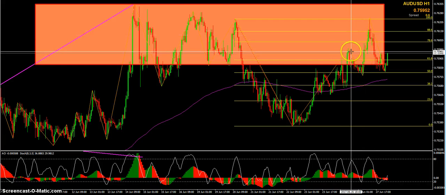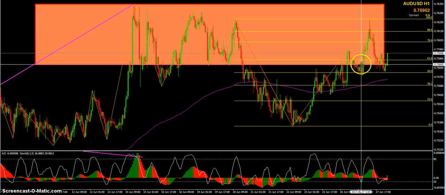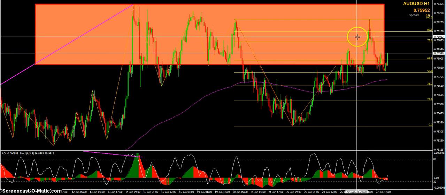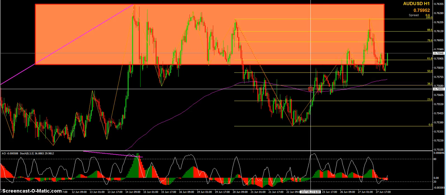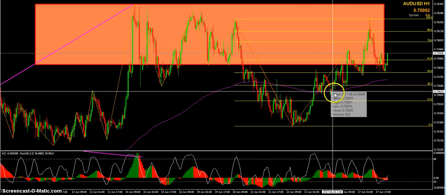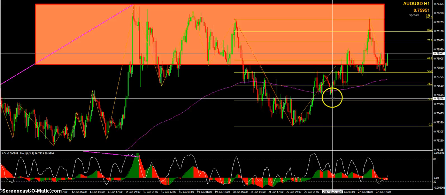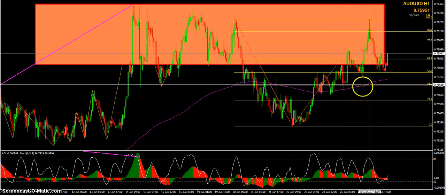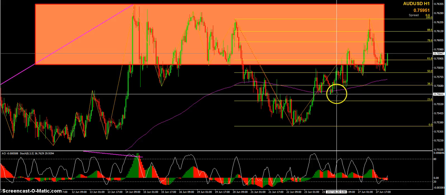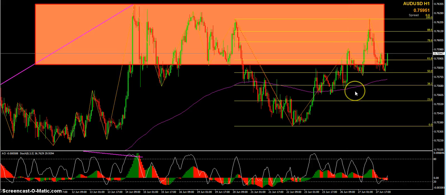I was just saved here by a couple of pips, but then I got stopped out as it continued through the Asian session. Probably should have waited for that confirmation below the 200 EMA line, and that would have saved me. But, you know, lessons learnt.